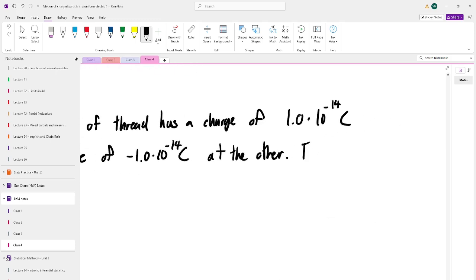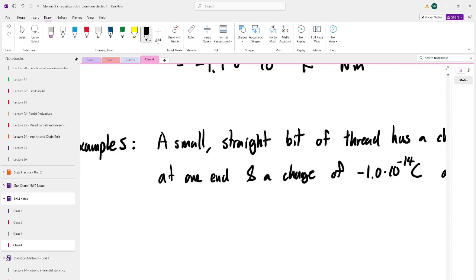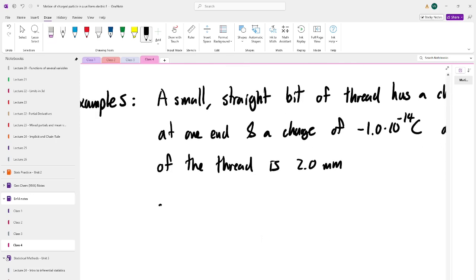And then they tell us that the length of the thread is 2.0 millimeters. So A, they want to know the dipole moment.